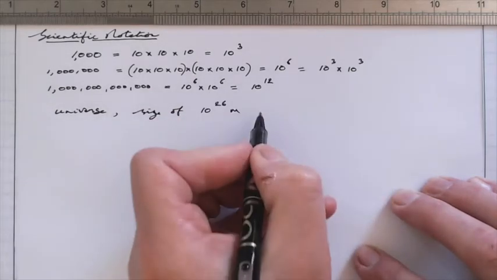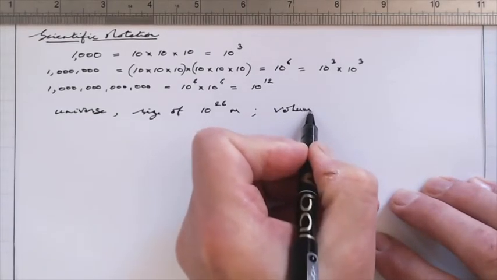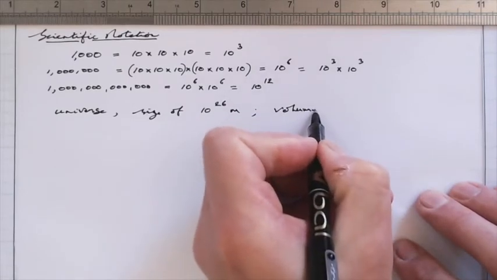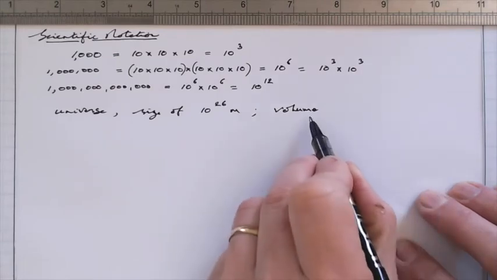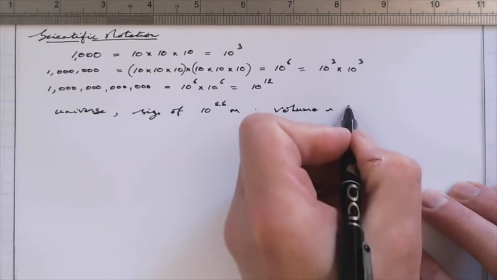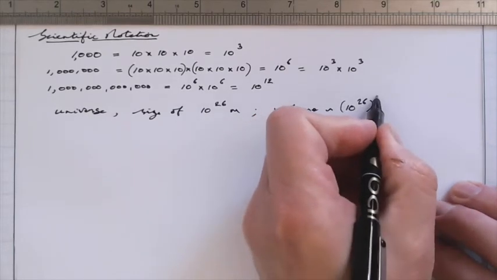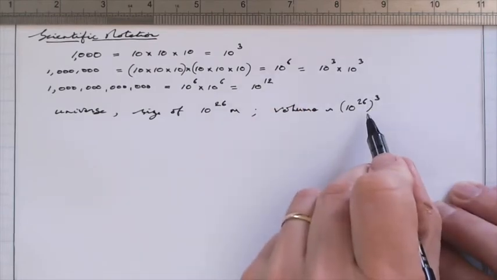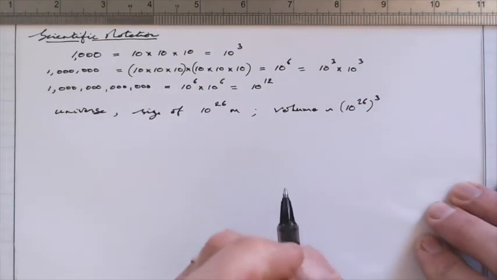We can say the volume, and this is really neat now because I don't think you would be able to say the volume of the universe in cubic meters in words. It would just be too cumbersome. But we can easily do this. The volume would be approximately 10 to the 26 all cubed, because roughly speaking, a volume of something is the cube of its linear dimension if it has a roughly symmetrical shape.